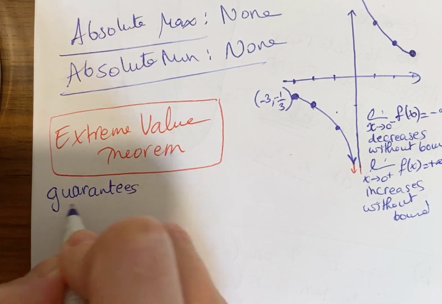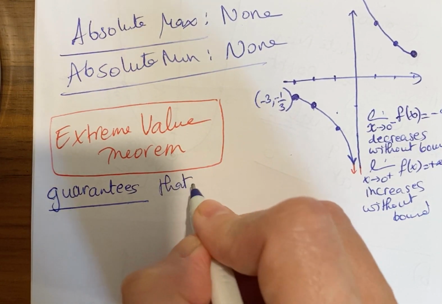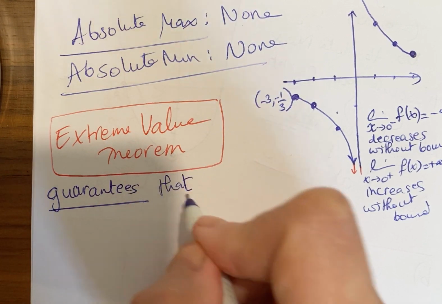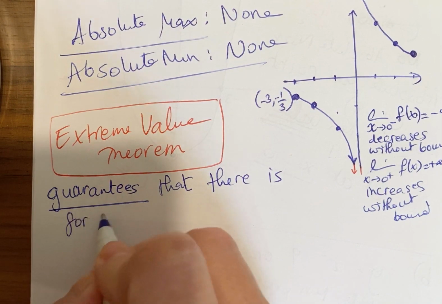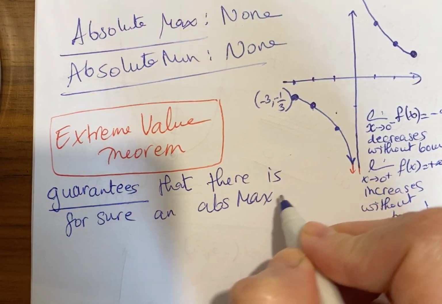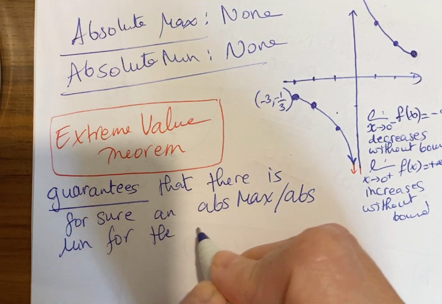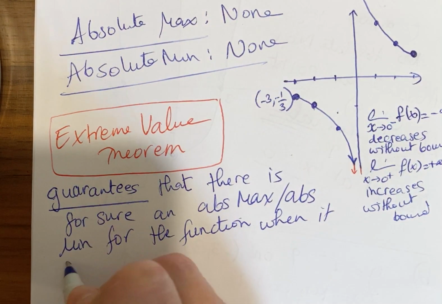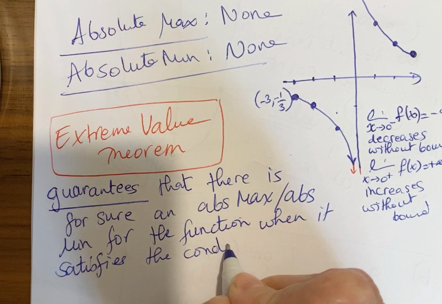This extreme value theorem guarantees that if the conditions of this theorem occur, there is for sure an absolute max and an absolute min for the function when it satisfies the conditions. That's what the extreme value theorem does.